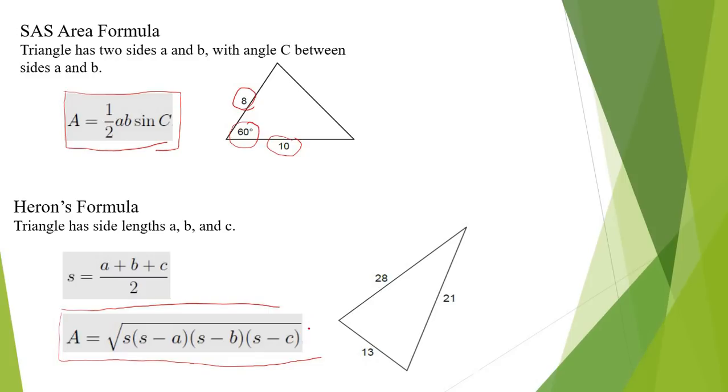Now, S stands for your semi-perimeter. It is determined by this equation: A plus B plus C, all over 2. Once you have determined your S, then you can directly determine the area using this Heron's formula.